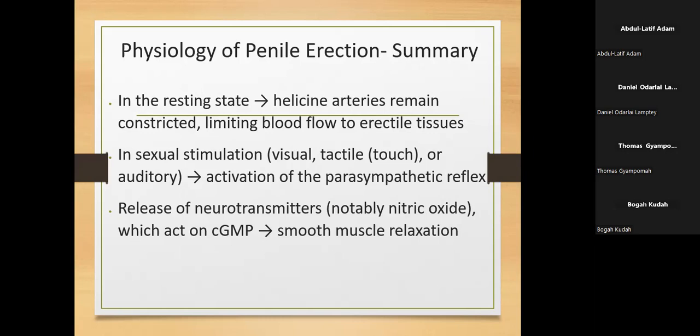That's in summary all that we talked about. So in the resting state, the arteries are constricted. When they are constricted, they limit blood flow into the tissues, and for that matter, there will be no erection.